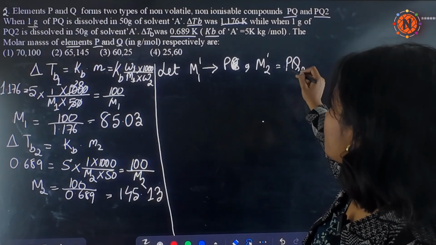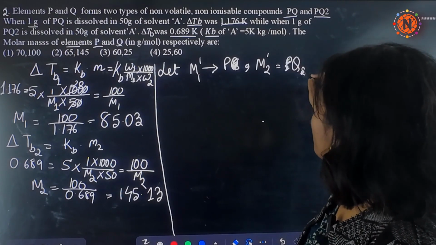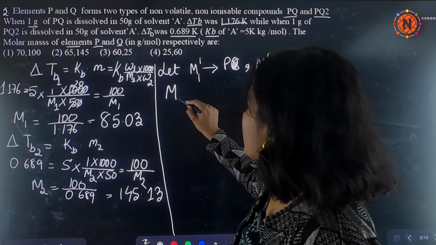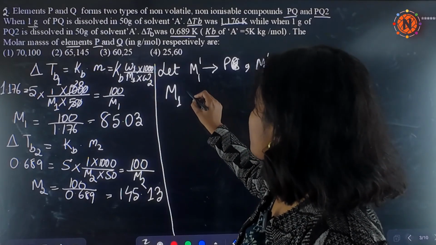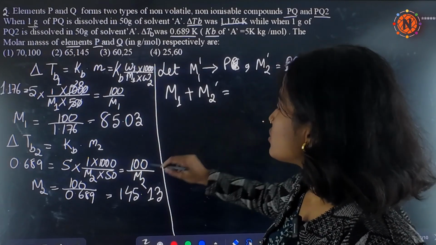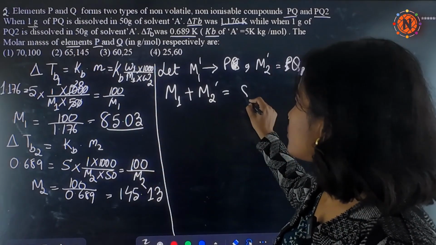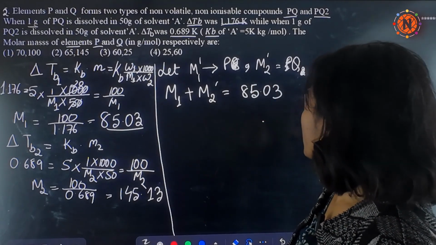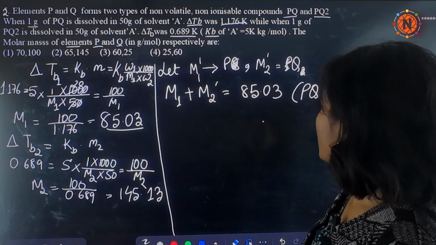So here M1 dash plus M2 dash is equal to 85.03 when we are talking of the compound PQ. Okay, this is for the compound PQ.